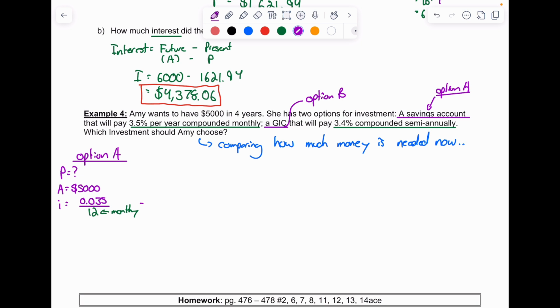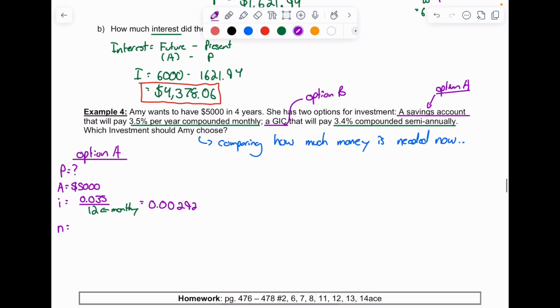So what is 0.035 divided by 12? That is going to be 0.00292. And then our n, the exponent, well, in this case, it is for 4 years. So 4 years times, again, your 12 months. So that would be 48.